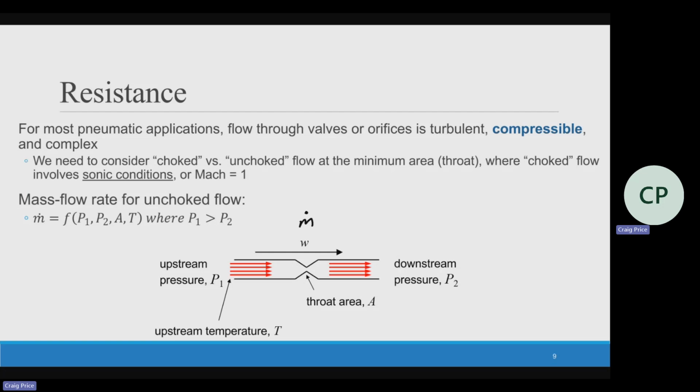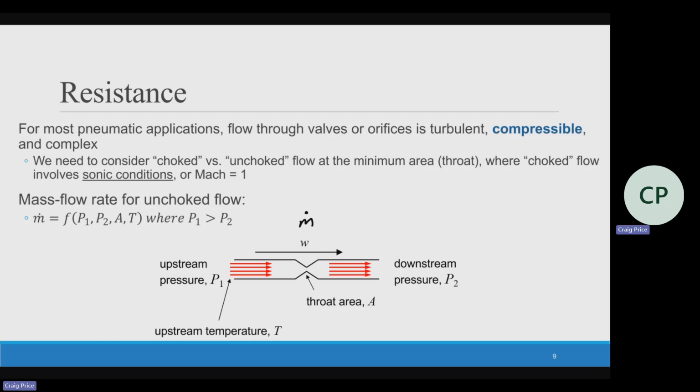So if P2 over P1 is greater than 0.528, which means the downstream pressure is like 53% or higher of the P1 value, I get this very nonlinear relationship. There's more swirls. It's not choked. Those two pressures are pretty similar. It's only like a 50% drop.